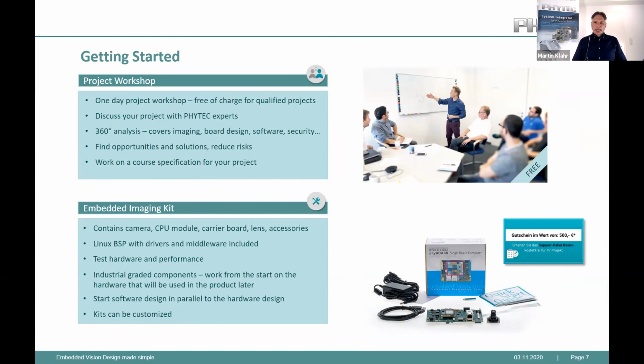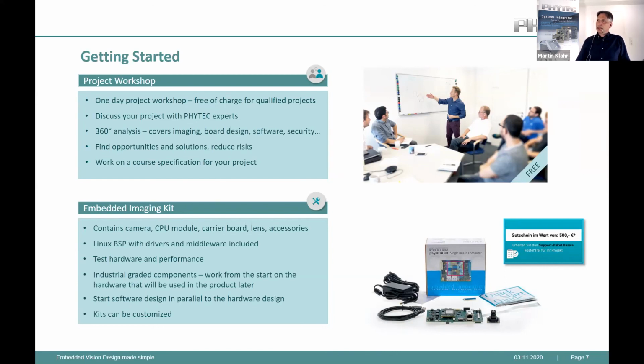Right now we have a special offer here. It's in German here on the screen on the right. Each kit contains a voucher for free development support worth 500 euro. This is kind of a Corona special right now, because we know it's hard to catch up with project goals.